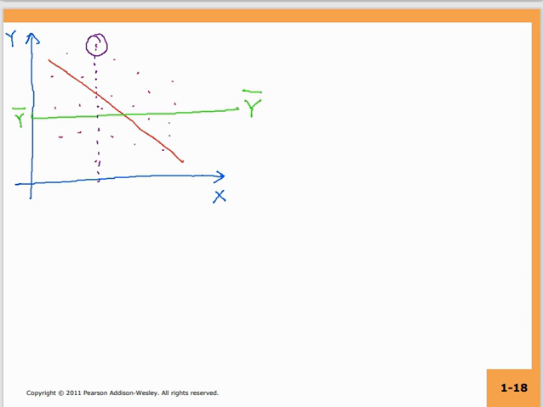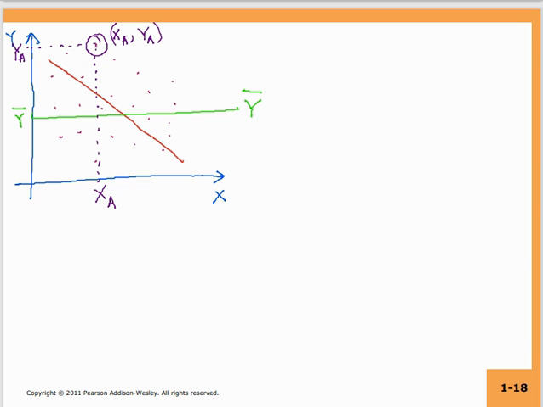So say this point is A, and you have an x coordinate xa and a y coordinate ya associated with this. So this is xa and this is ya associated with this.